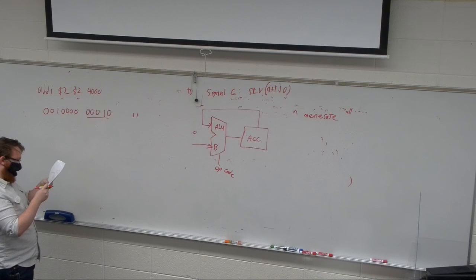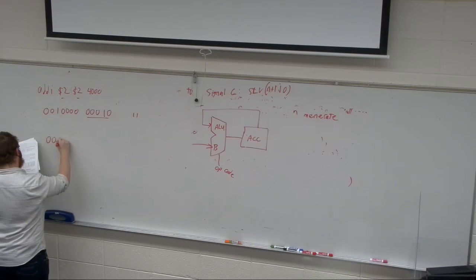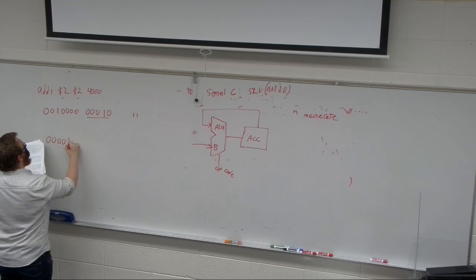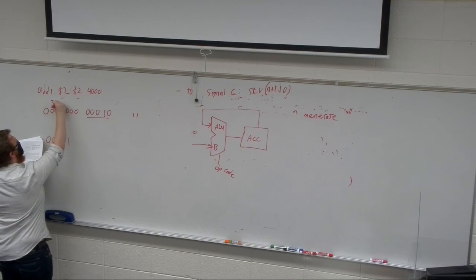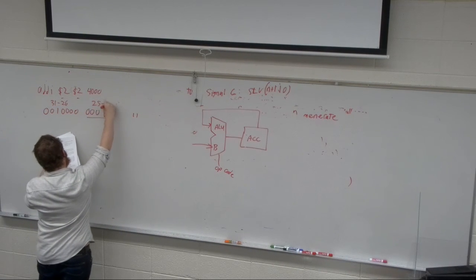That's interesting. I feel like this is violating its rules. So what it's telling me is the next one is, okay, so this is 31 to 26. This is bits 25 to 21.